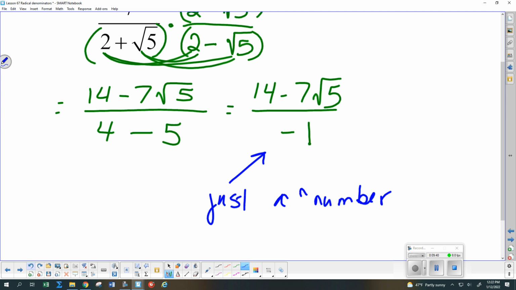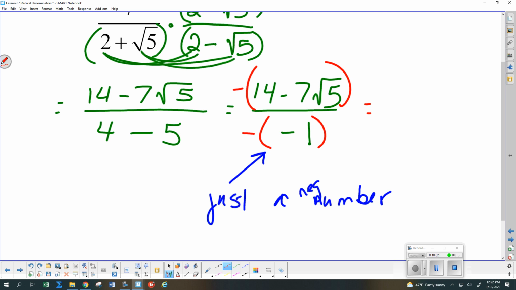So if it is just a negative number, we're going to do what we talked about yesterday and put the minus sign with 2 of the 3 places on a fraction. So we are going to take the denominator and make it be a negative, and we're going to put another minus sign on the numerator.